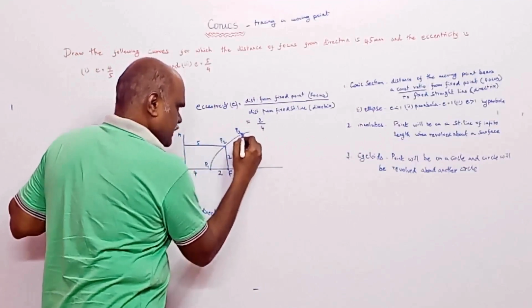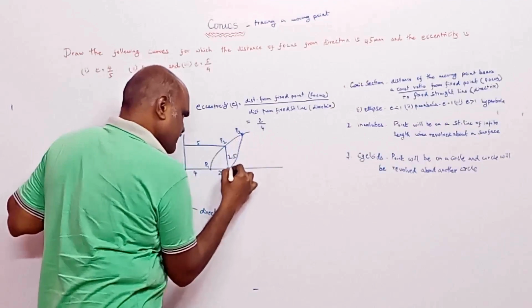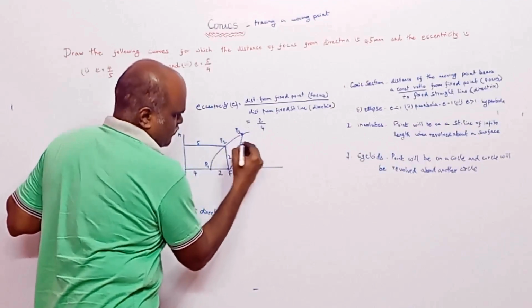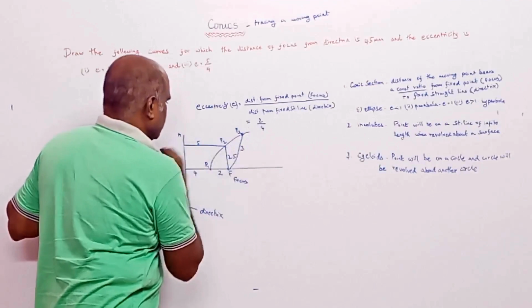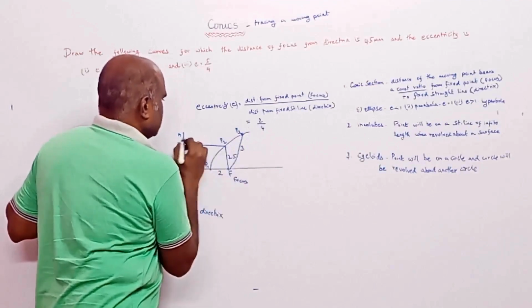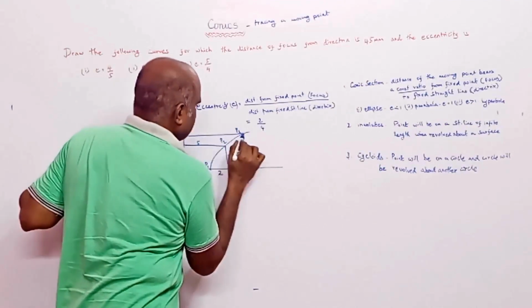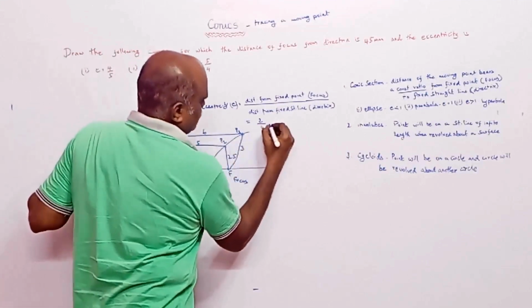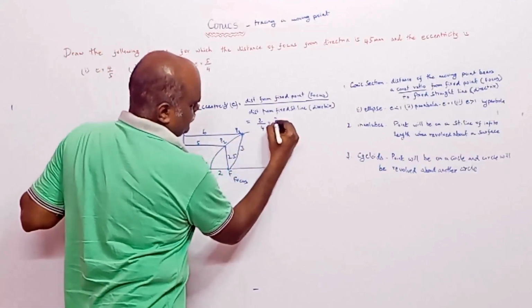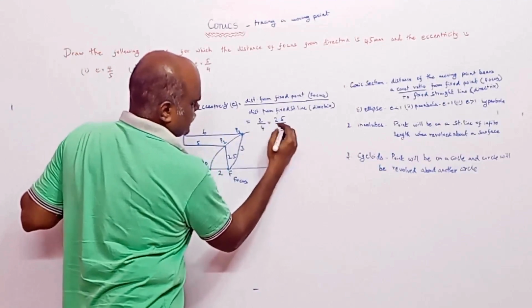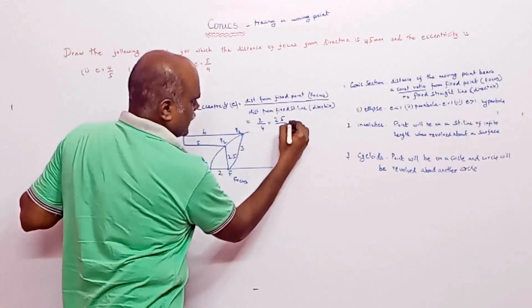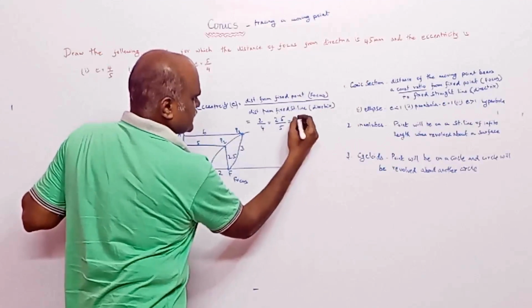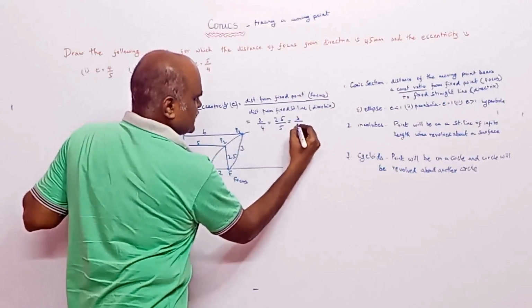From this point, if the distance from this focus, that is the fixed point, is 3, then from the fixed straight line it will be around 6. So this is the initial position P1, and for the second position, the distance ratio is 2.5 over 5, and for the third position P3, it's 3 over 6.